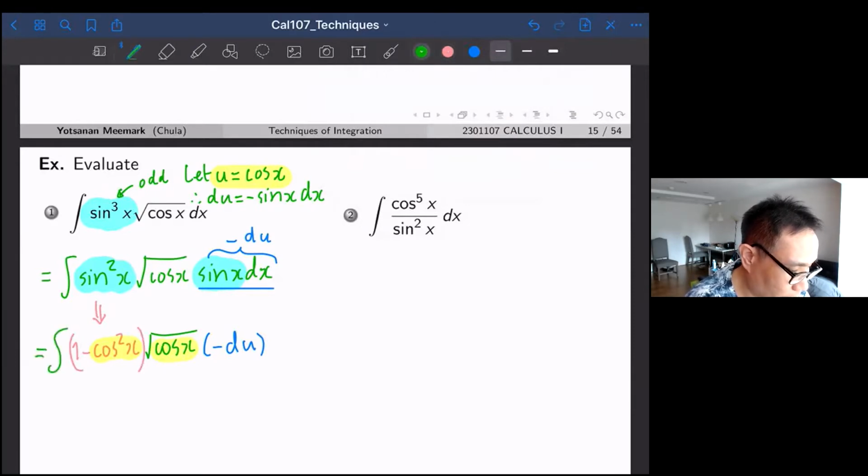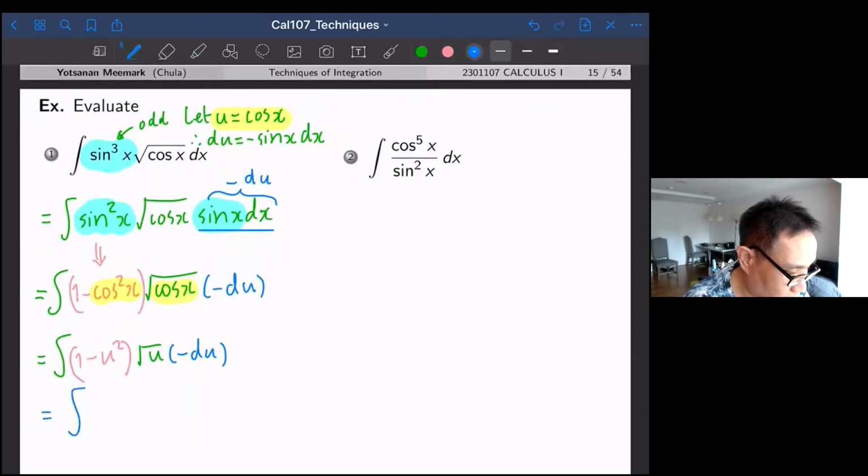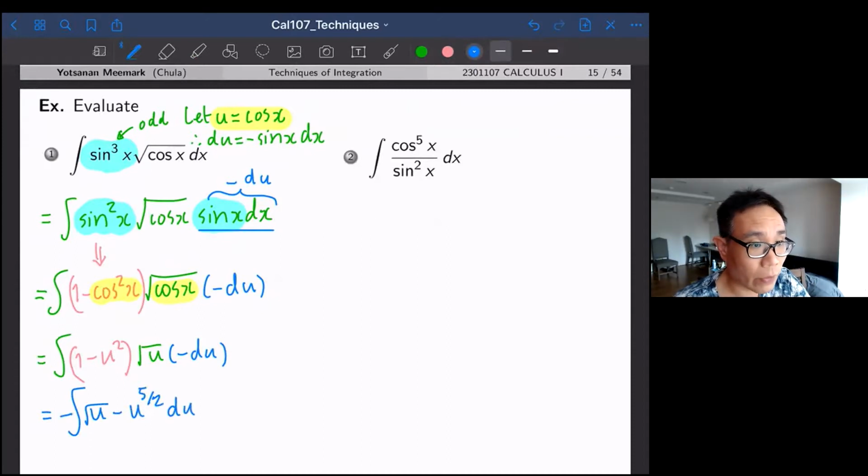So you get the integral of 1 minus u squared, and you have square root of u, and you have negative du. You see that it's going to be the integral of u to the 1/2 minus u to the 5/2 du, and you have a negative sign outside. So you integrate this one.